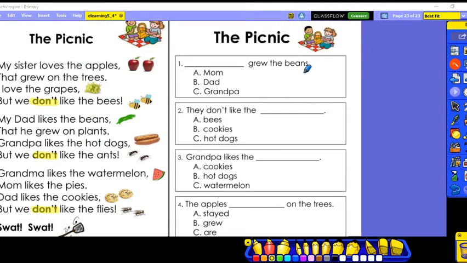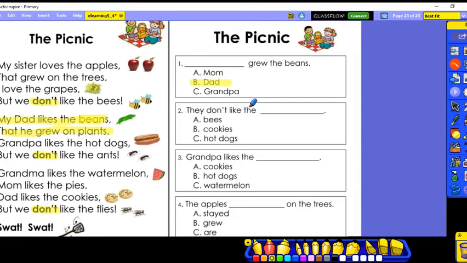Number 1, grew the beans. So let's look at the part that talks about the beans. Okay, so here's the word beans. Let's read the whole sentence. My dad likes the beans that he grew on plants. So let's see. Who grew the beans? Mom, Dad, or Grandpa? It says my dad likes the beans that he grew on plants. So we know that Dad grew the beans.